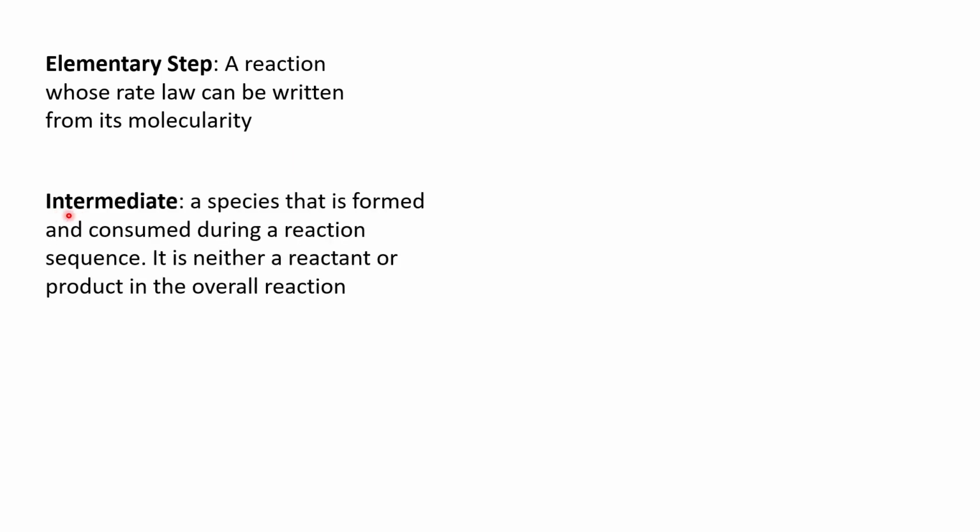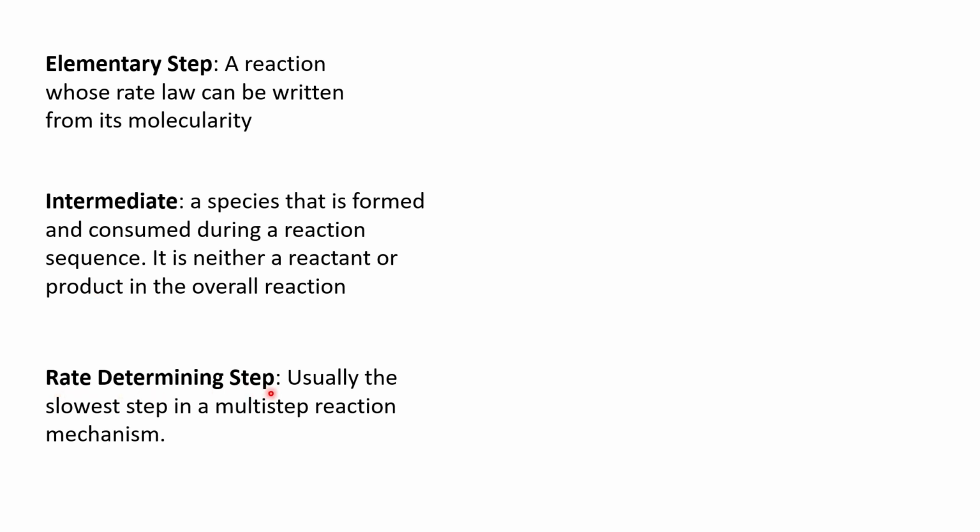Next, let's define an intermediate. An intermediate is any species that must be formed and consumed during a reaction sequence. So what this means is that when you're looking at an overall reaction, you do not see the intermediate. It's not a reactant, it's not a product, because it's going to be formed and then consumed.